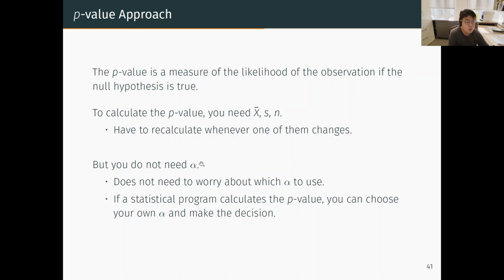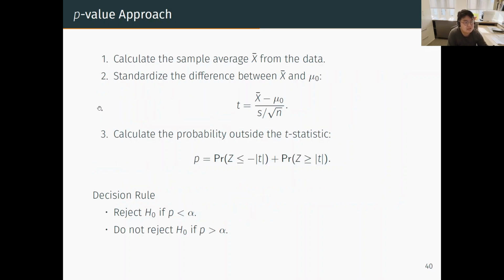The p-value is like the standard method in many presentations and in many software packages. You can think of it as the full calculation method: you calculate as much as you can from the data.